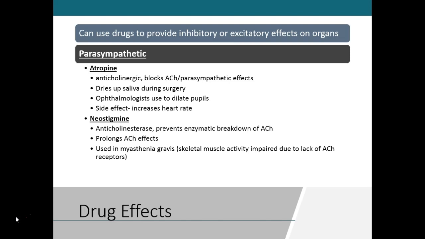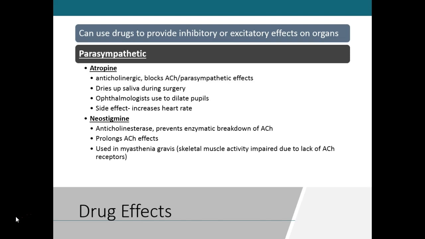The neostigmine is an anticholinesterase, which means that it prevents the enzyme acetylcholine esterase from being able to break down acetylcholine. So that means acetylcholine stays in the synapse longer, therefore it has prolonged effects. This is sometimes used in a muscular disorder known as myasthenia gravis.